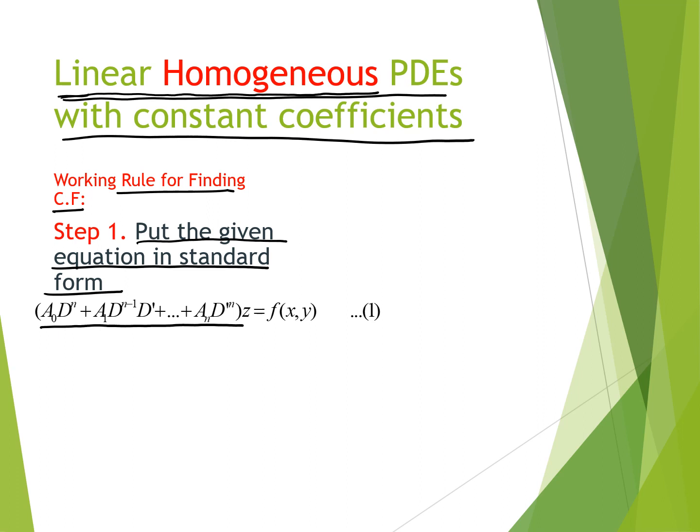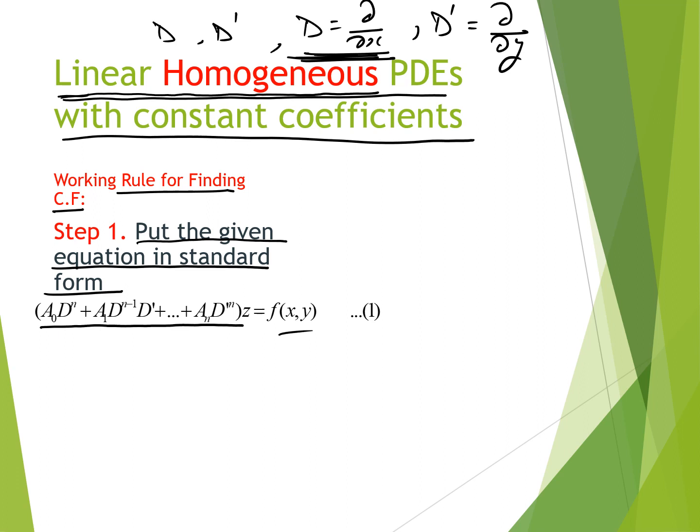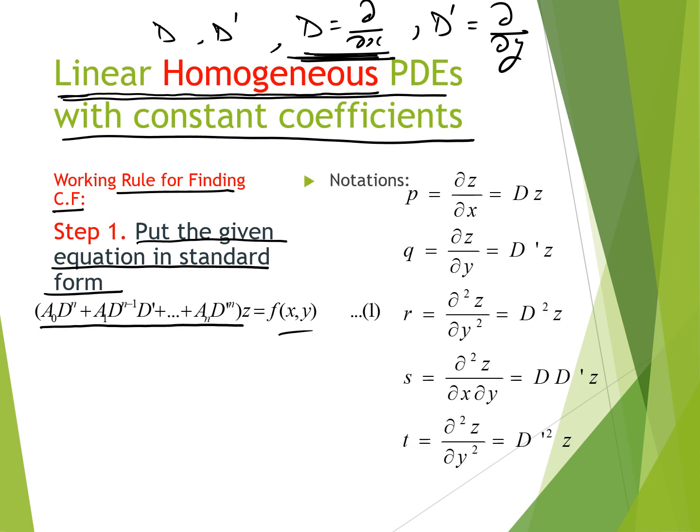You will get D and D dash. D stands for the derivative with respect to x and D dash stands for the derivative with respect to y. So convert the equation in decreasing powers of D. This is step 1. Then the notation: the first derivative with respect to x is represented as p and is equal to Dz, and the derivative with respect to y, q, is D dash z.